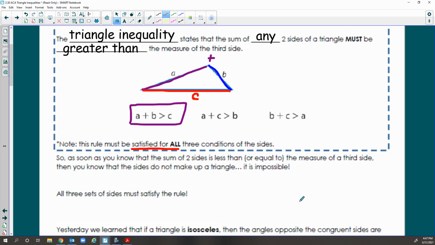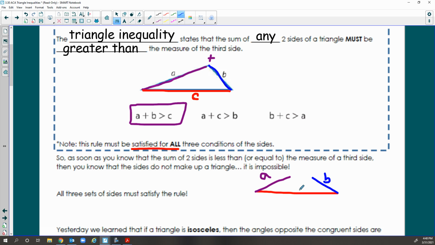When it's impossible, you'd have your long length down here. If you added up A plus B and it wasn't bigger than C, essentially you'd have a triangle that's not really a triangle. It would look something like this, where there's a big gap inside because length A and length B are not big enough to get up to make the peak of the triangle.